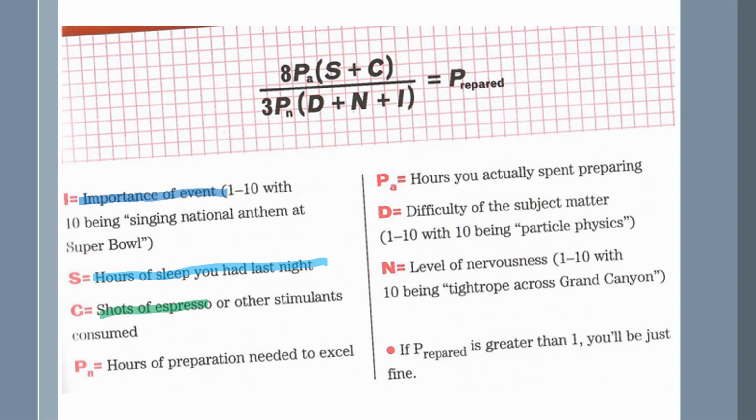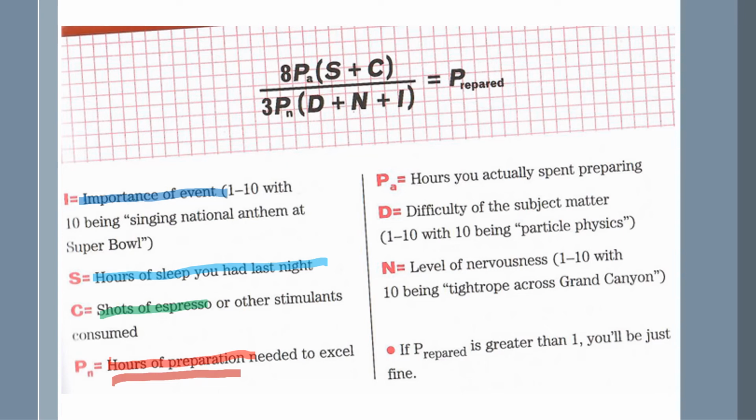All right, so let's talk about P. P is the hours of preparation needed to excel. You guys don't really have to think like that. I do, because usually in order for me to do well on any test that I take, I have to have at least a good 10 hours, not in one sitting, but in total, to study and prepare myself for the test.